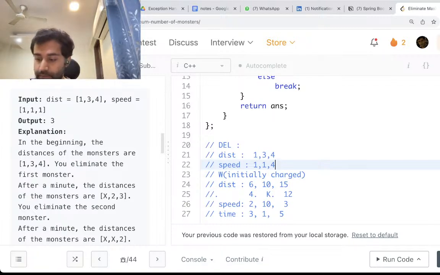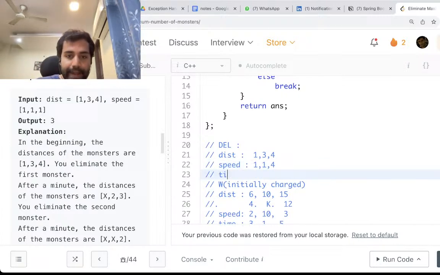Okay, so 2 of you are saying that the answer is 1. That's right.